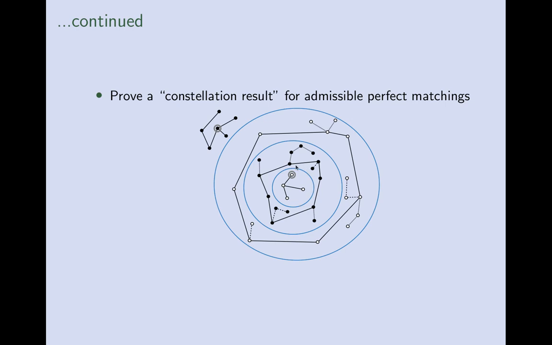Recall that all components of the Jordan resolution give us neighborhoods of the induced subgraphs. So this component here is surrounded in turn by this black subgraph, which is of a particular form. It is basically just a cycle with a bunch of trees attached to it, and this is sometimes called a pseudo tree.